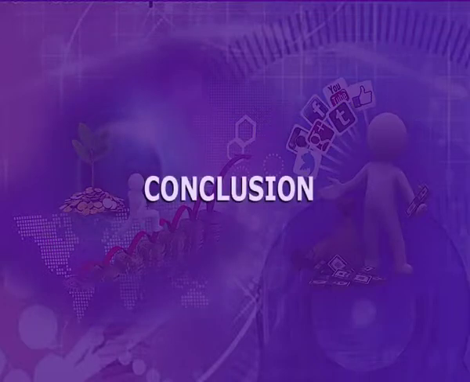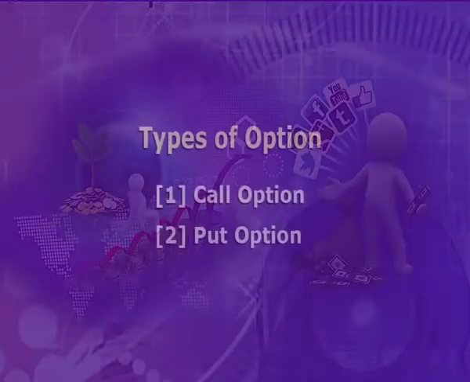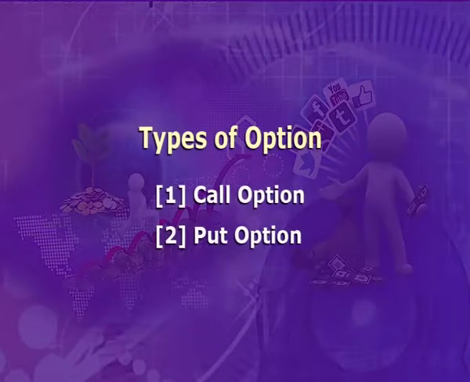Now friends, let us conclude today's session. The above can be summarized as: options are mainly derivative contracts, in exchange for a price, and derive their value from an underlying stock. There are two types of options, call option and put option, each having two positions, a long position and a short position. American options and European options are two main types of options.